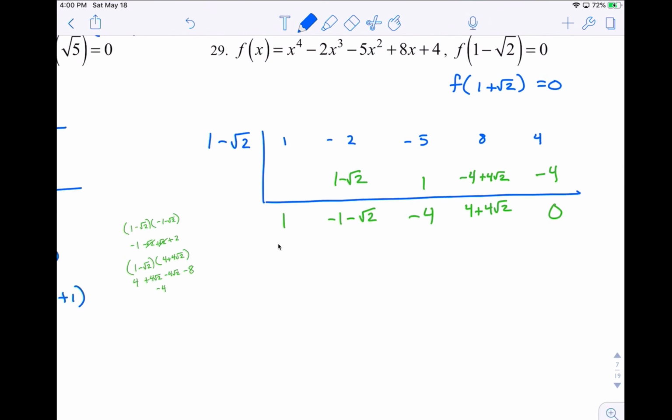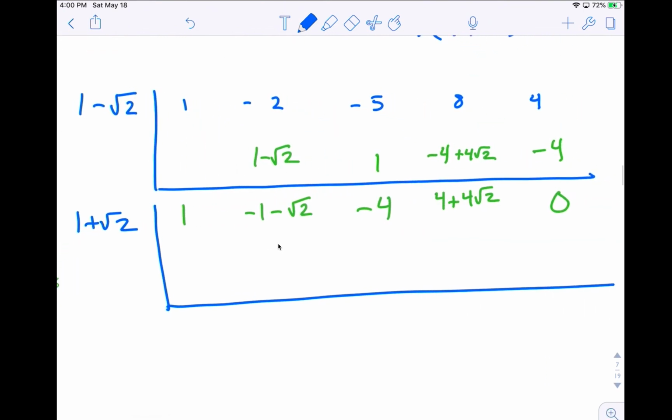Okay, so I already did the one factor. Now I know I can use the other factor. So 1 plus root 2. Okay, so bring down the 1. That's 1 plus root 2. So the 1s will cancel, the root 2s will cancel, so that's 0, 0, negative 4, negative 4 minus 4 root 2, which is also 0.